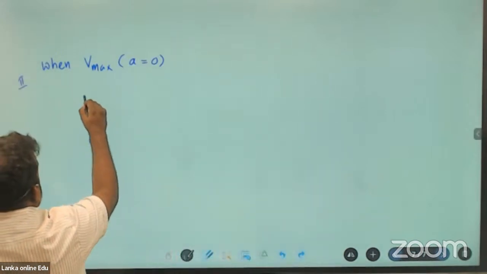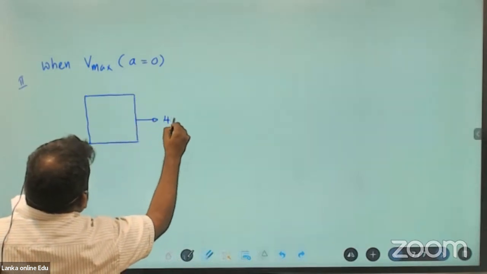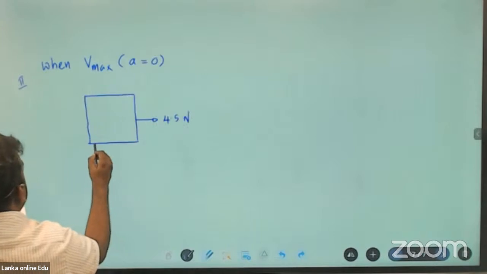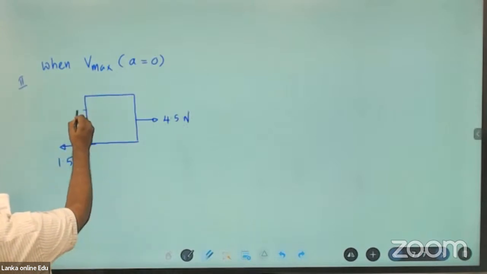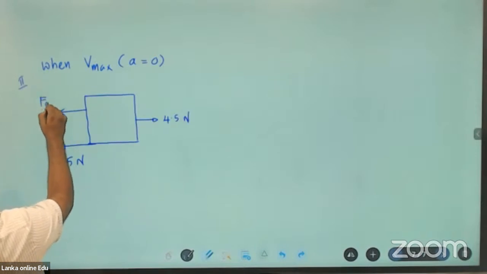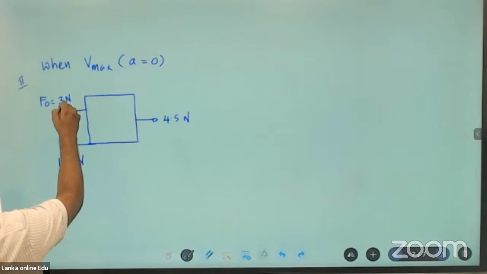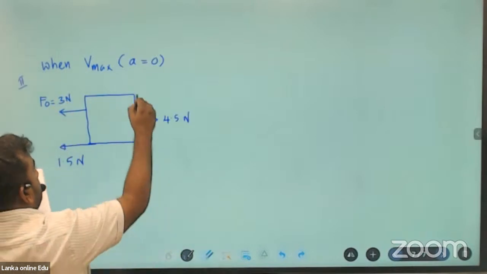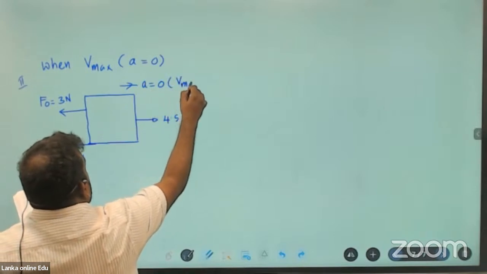Now if you look at this carefully, they have given you forward force 4.5 Newtons and here it's 1.5 Newton. So to balance this, F naught will be 3 Newtons, right? 3 Newtons means acceleration is 0 and velocity is maximum.